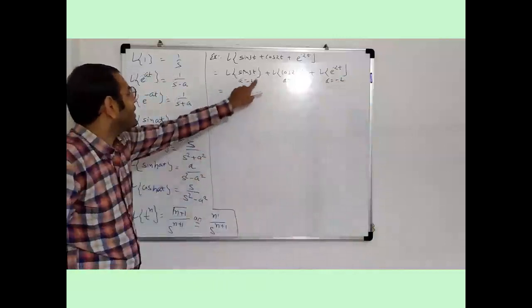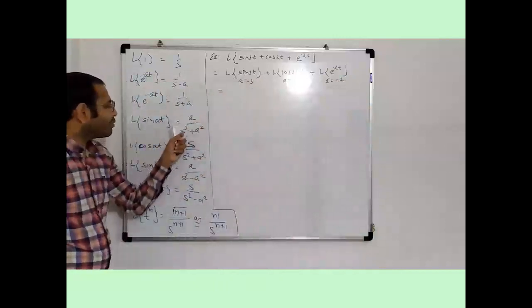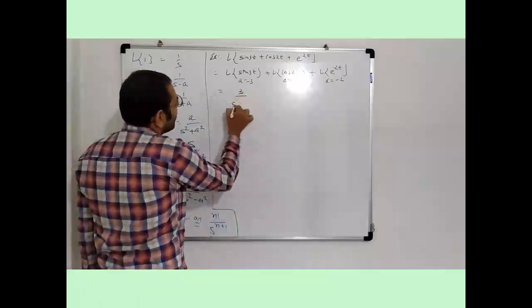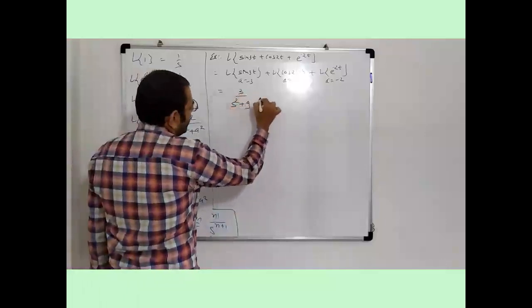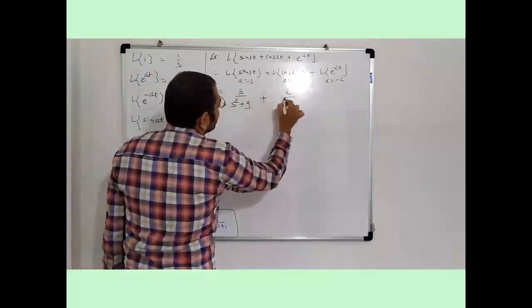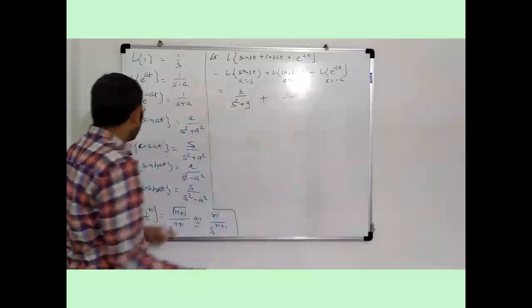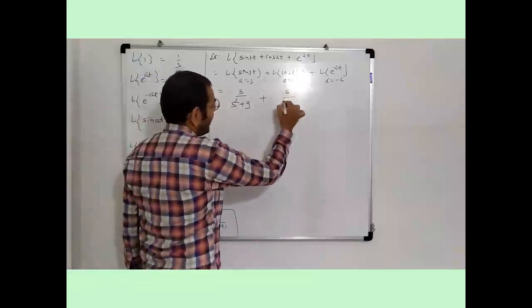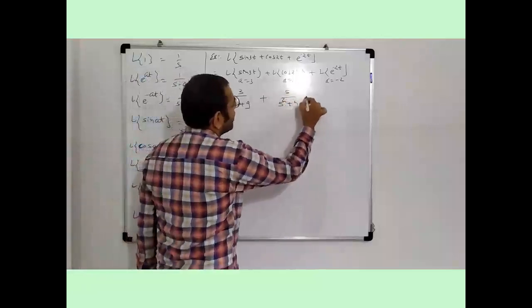What is the Laplace of sin 3t? It is a upon s square plus a square, so here 3 upon s square plus 9. Laplace of cos 2t is s upon s square plus 4.